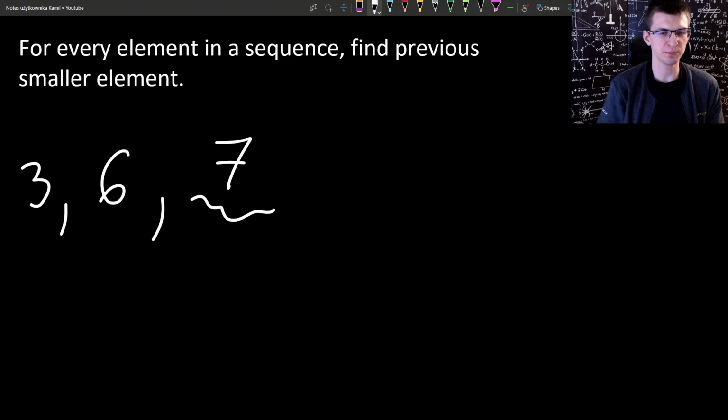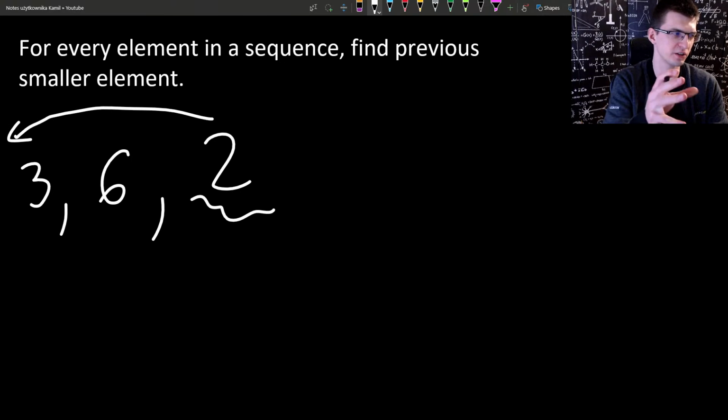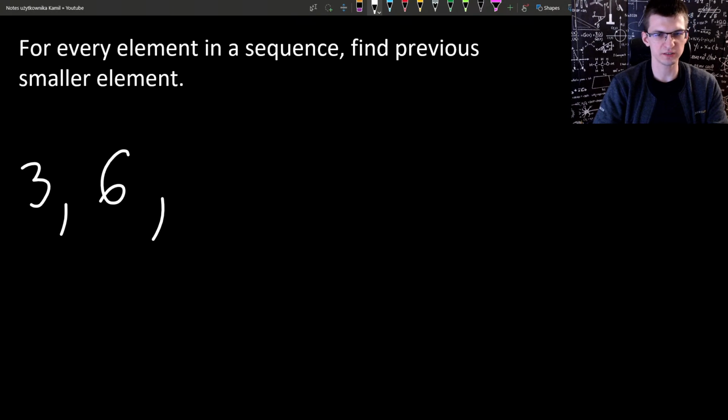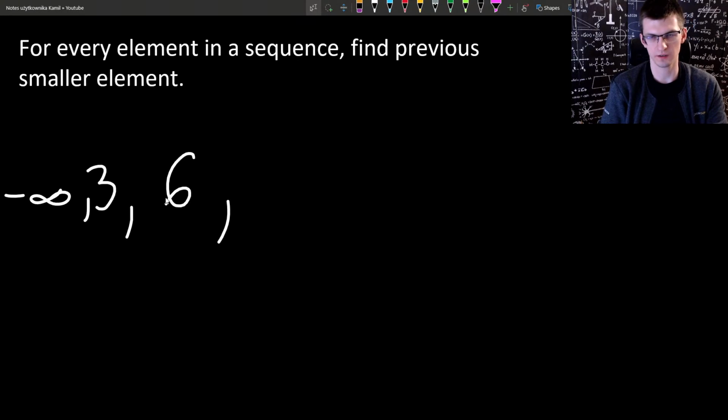If it will be, for example, 7, then 6 should be remembered as previous smaller element. If it will be 4, then a 3 should be remembered as previous smaller element. And if something smaller than 3, then let's point to imaginary element on the left, like minus infinity. Maybe it's good to just assume that here, as the first element, we have minus infinity. So everything would point to something.